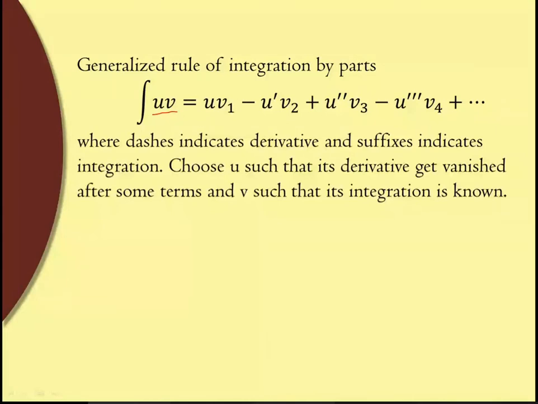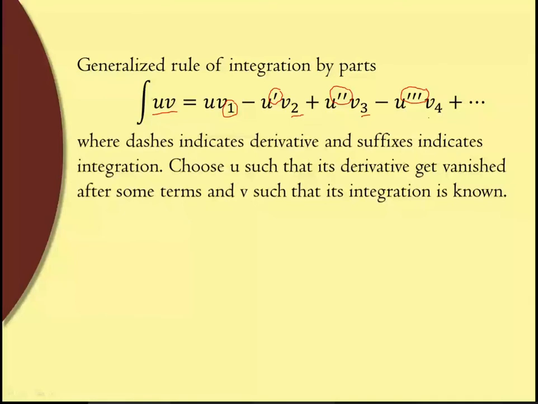So what we have to remember here is to make the proper choice for u and v. Here, these dash terms denote derivatives: u, first derivative, second derivative, third derivative. And these suffixes denote integration: first integration of v, second integration of v, triple integral of v, like that.